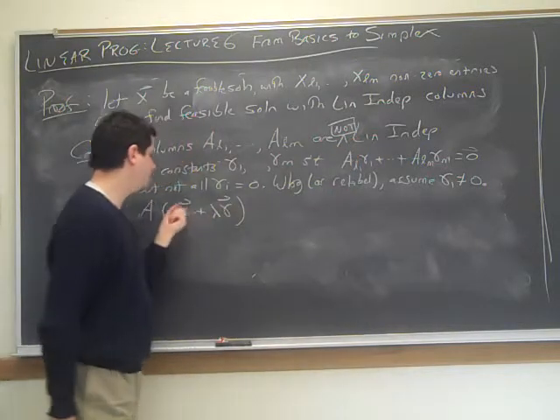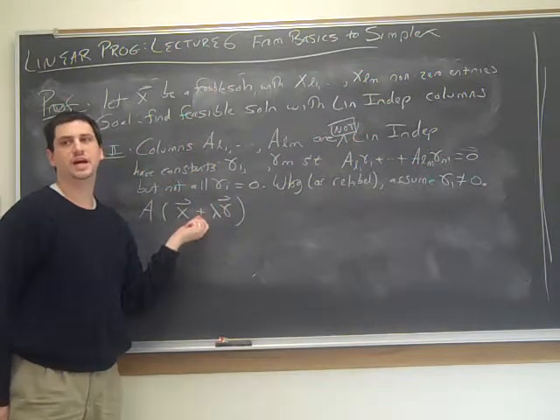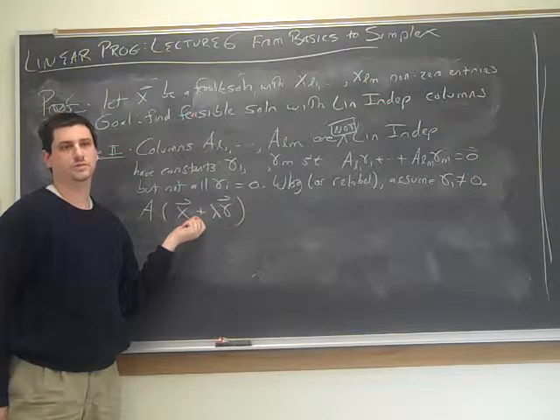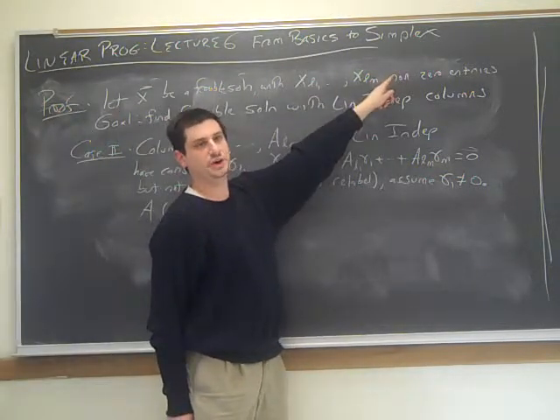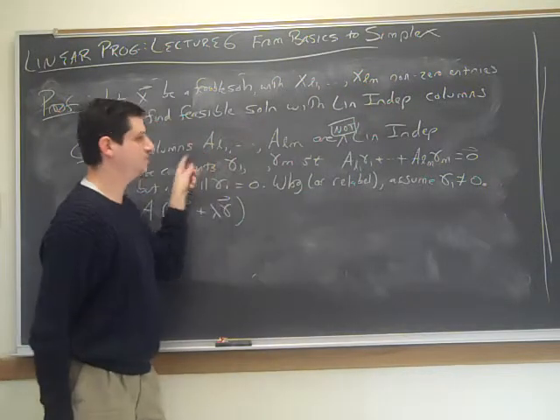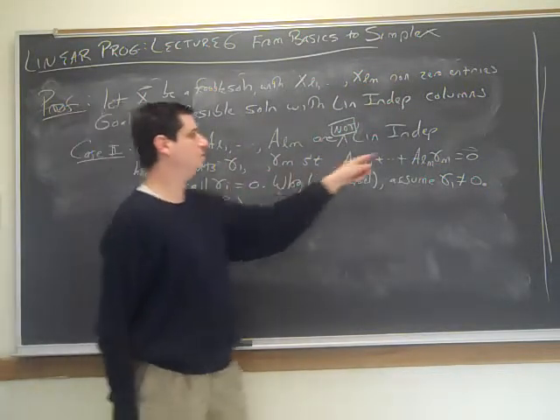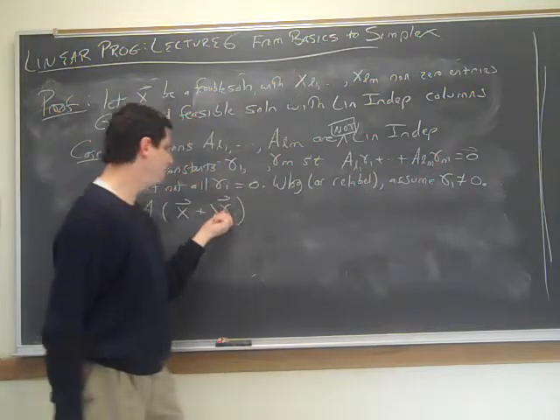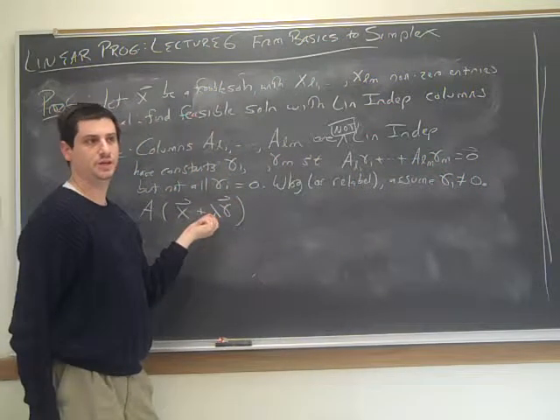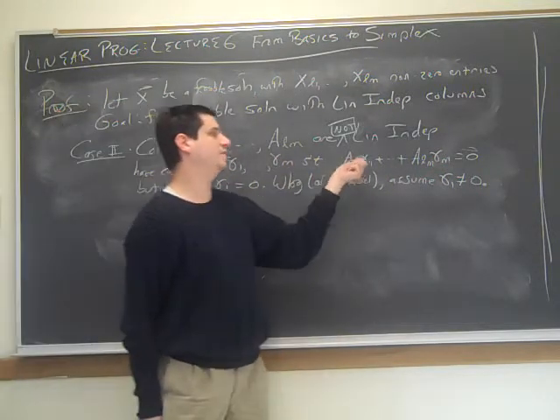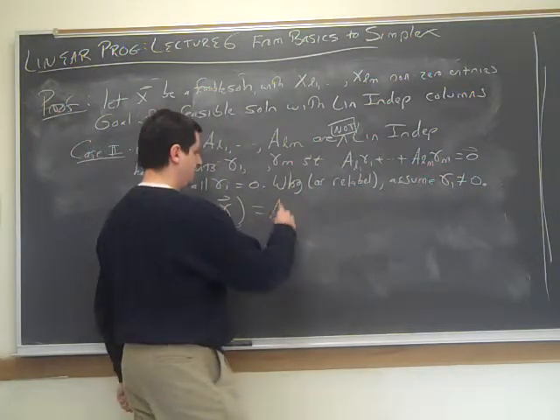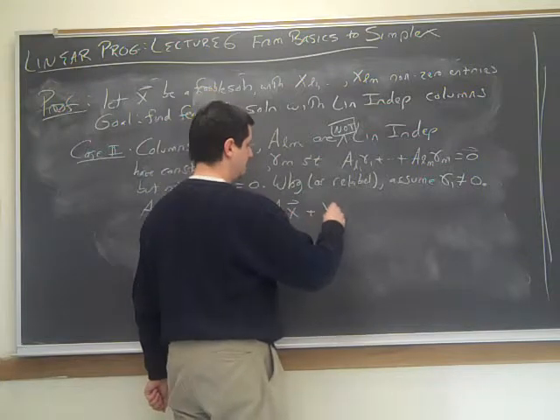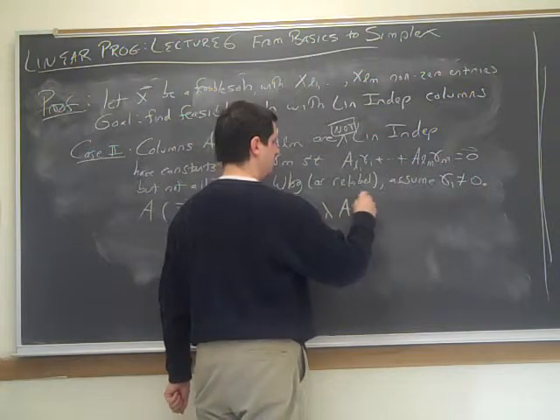I want gamma and x to have the same size. Right? So right now I've got a couple of x's that are non-zero, and these correspond to certain columns. These columns are linearly independent. Form a new vector that's 0, except at those columns where the values are gamma 1 through gamma m. Well, this is just going to be Ax plus lambda A gamma.